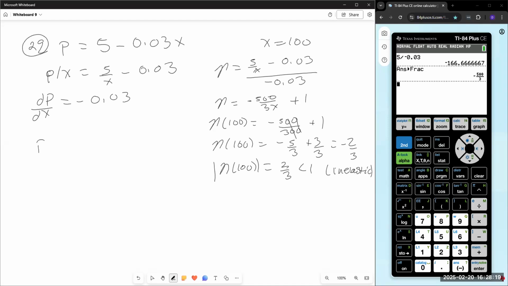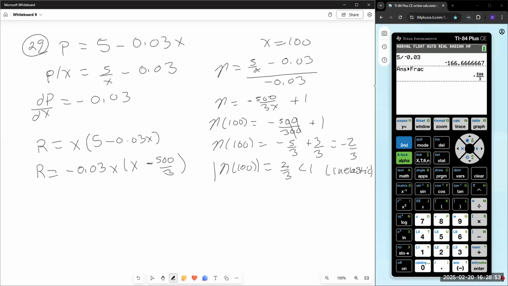My revenue function here, R, will be equal to x times 5 minus 0.03x. And so R is negative 0.03x times x minus 500 over 3. I already did that division up here of 5 divided by negative 0.03.